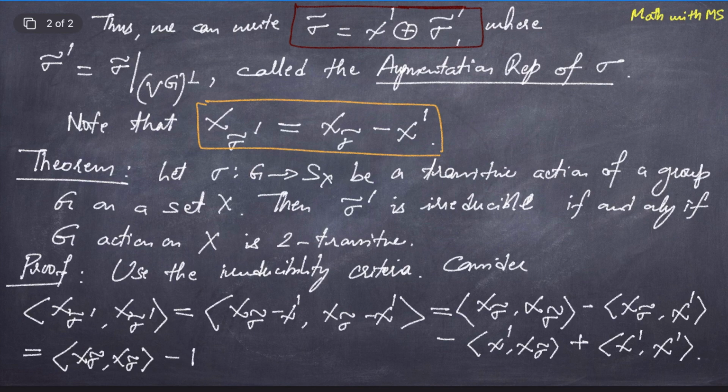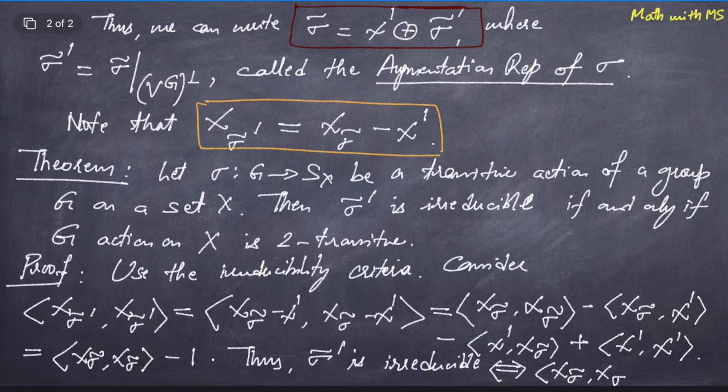Now by the irreducibility criterion, sigma tilde prime will be irreducible if and only if the inner product of chi of sigma tilde prime with itself is 1. Thus sigma tilde prime is irreducible if and only if chi of sigma tilde with itself is 2.